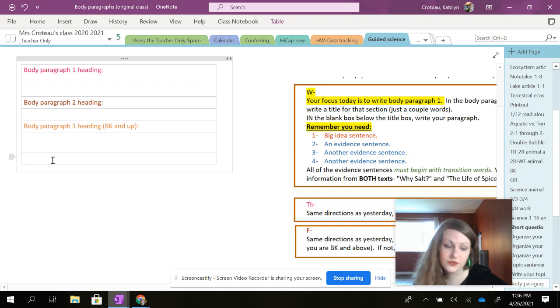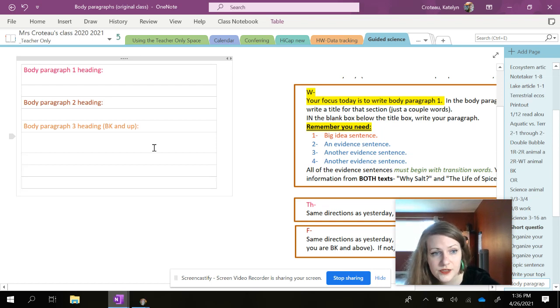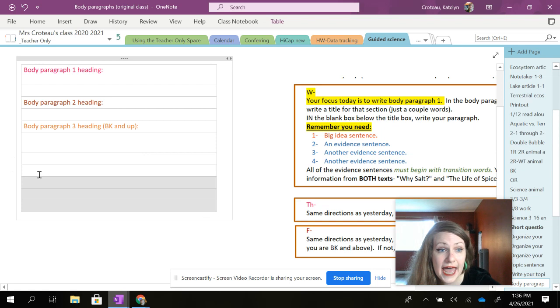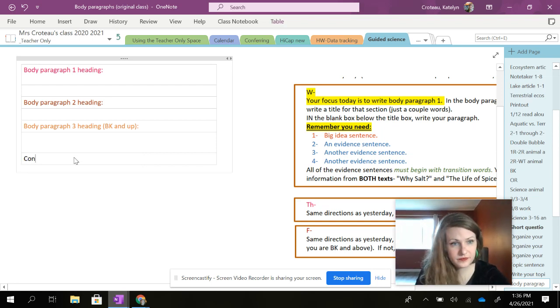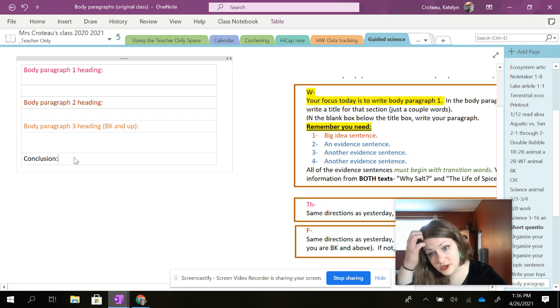So I'm going to give you a choice. If you're using this note taker, you can just add another box, and you can do that pretty easily by pushing tab. Each time I push tab on my keyboard, it adds a new one. So you could just add a new box and write conclusion in there, if you have this note taker.